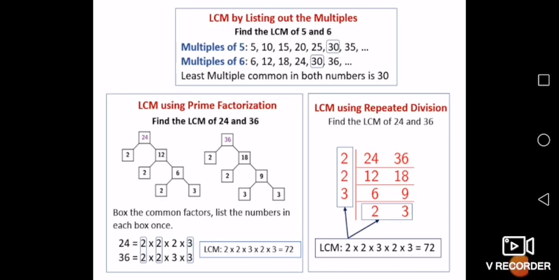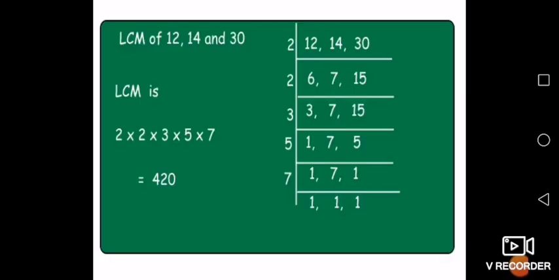Yesterday we practiced finding LCM by the prime factorization method. Now we'll see one example of finding LCM by the division method. I hope this slide is clear to you all. Now we will move to the next slide.